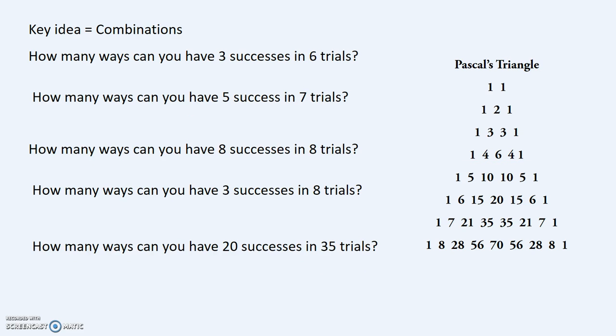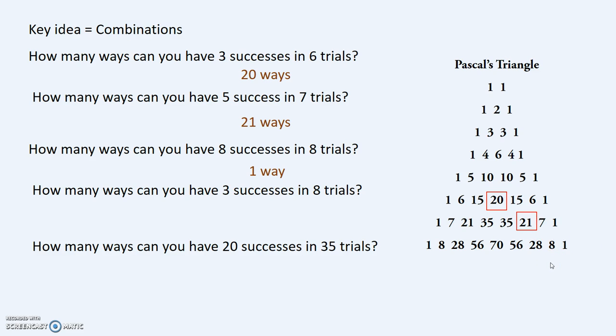Okay, how many ways can you have 3 successes in 6 trials? So 6 trials, so we look down here on the 6th line of the triangle, and we count from the left, 0, 1, 2, 3, and that's 3 successes in 6 trials. 5 successes in 7 trials, so start here, 0, 1, 2, 3, 4, 5, 21 ways. 8 successes in 8 trials.